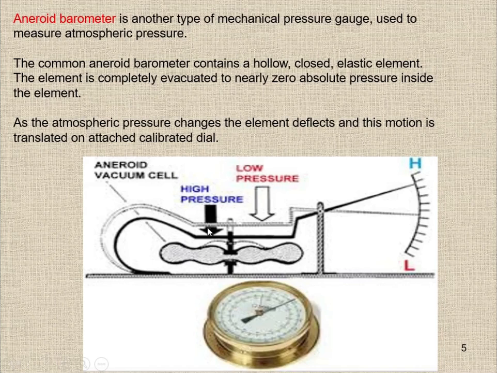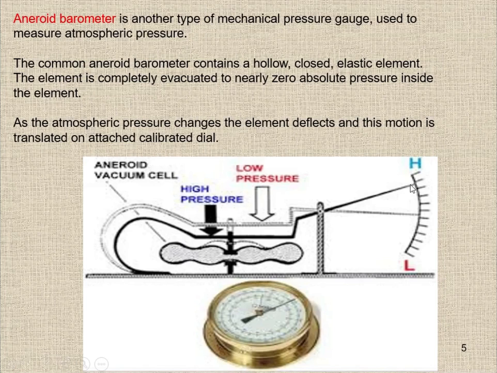You can see this is the high pressure; when the pressure is high, it compresses this elastic element, and this dark black line shows the behavior when the pressure is very high. When the pressure is low, the red, lighter line indicates that, so the element goes up, this line will move here and the dial will go down. This is how these aneroid barometer gauges work.